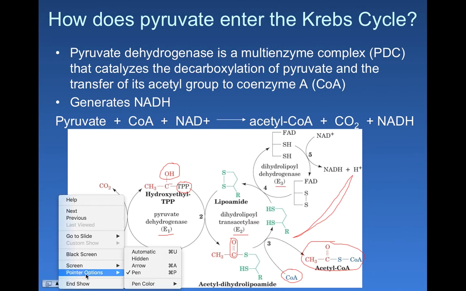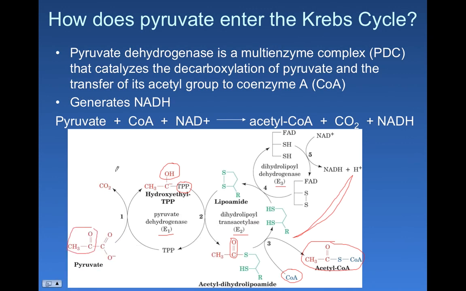So if I try to outline what the main products are of this reaction, let's do it in green here. We can see carbon dioxide is a product of this reaction. The other 2 carbons from pyruvate get passed from E1 to E2 to acetyl-CoA, which is a final product of the reaction.